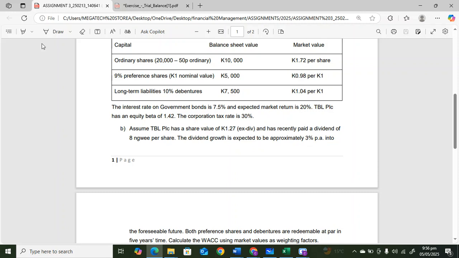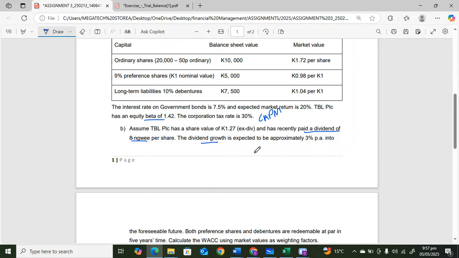If you hear the mention of equity beta, just know you're using the capital asset pricing model. If they mention a dividend being paid and the growth rate of a dividend, you use the dividend valuation growth model.